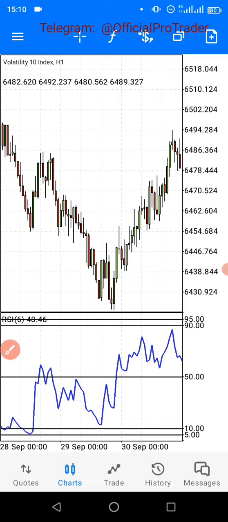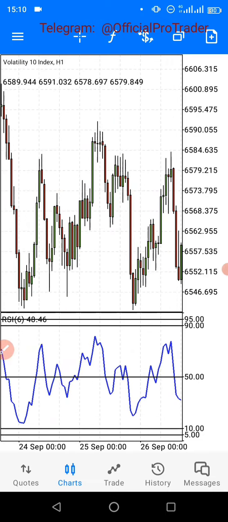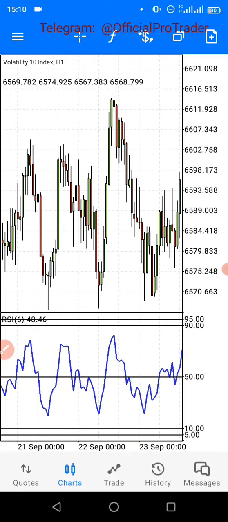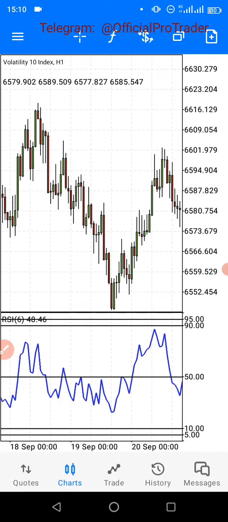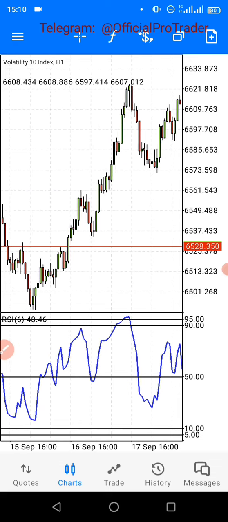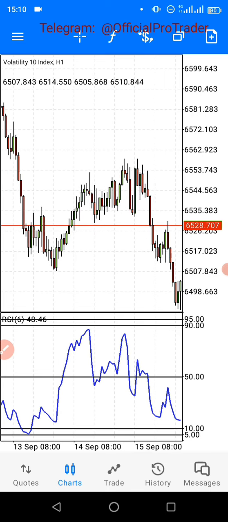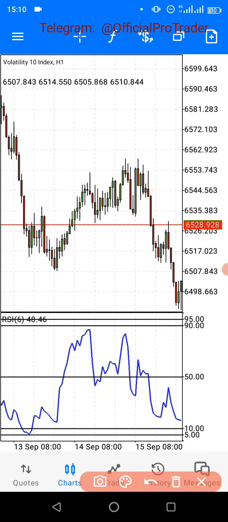So let me show you a regular bearish divergence. Here it's not so clear, but that is what happened.